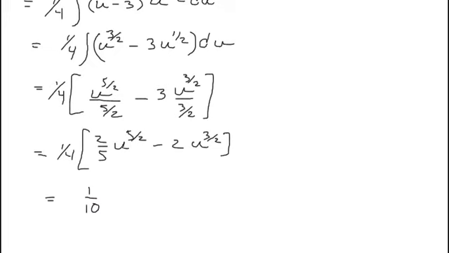And I'm going to fill that u back in again. So this was 2x plus 3 raised to the 5 halves, minus 1/4 times 2 is a half, times 2x plus 3 raised to the 3 halves.